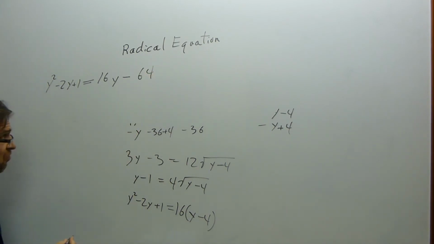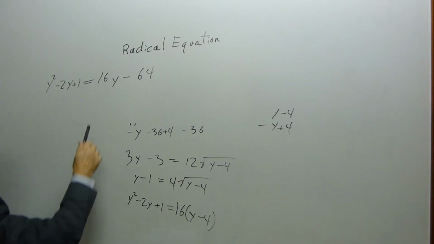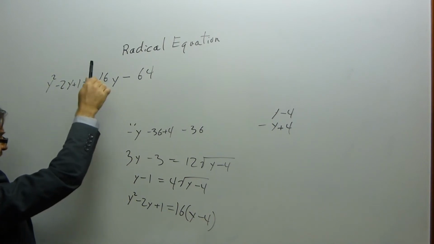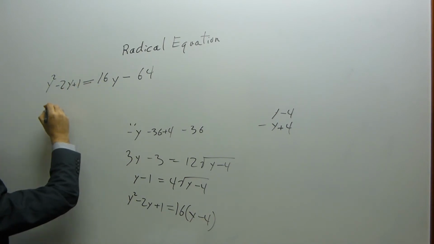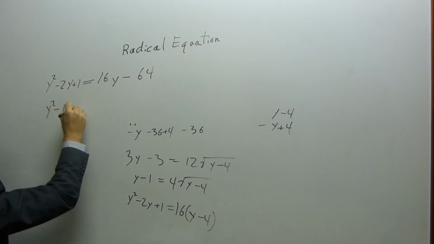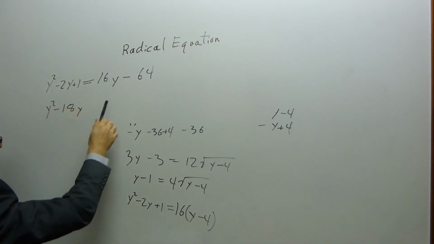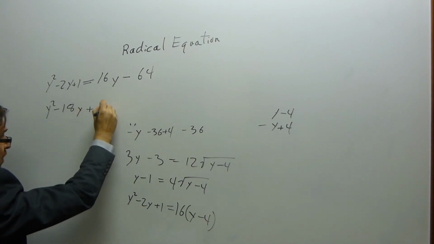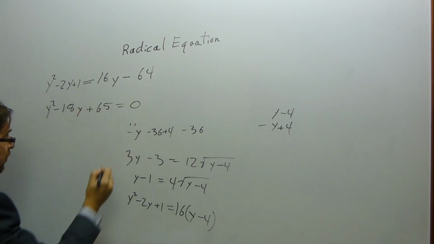Okay, so we just move everything to the same side and we can go ahead and start solving. Subtract 16y from both sides. We get y squared minus 18y. Add 64 to both sides, we get 65 equals 0.